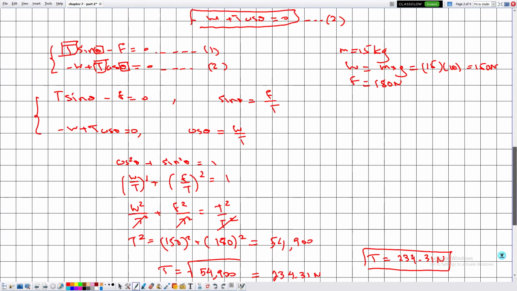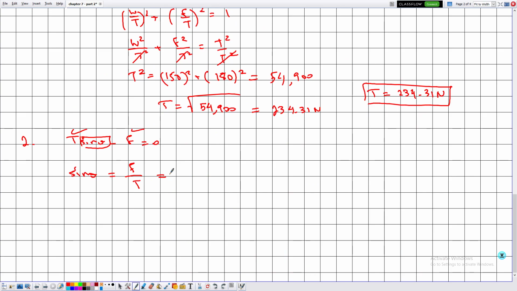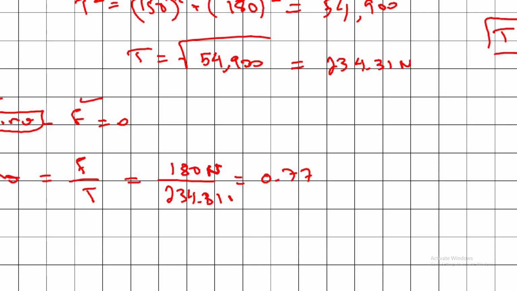The value of F is given by 180, and the value of T is given by 234.31. So plugging this on the calculator, sine theta is given by almost 0.77. And recall that sine theta is a dimensionless quantity, simply because we are dividing newton by newton, so they cancel out.